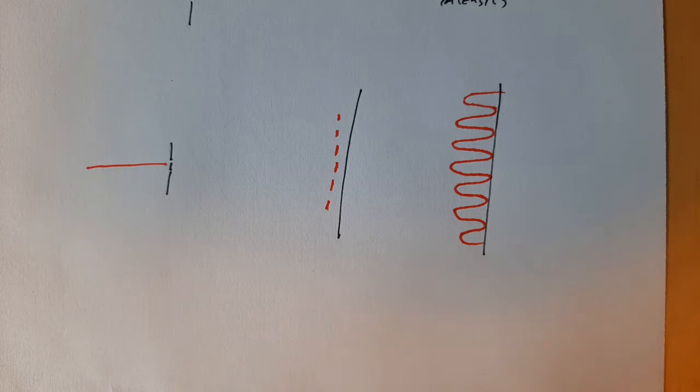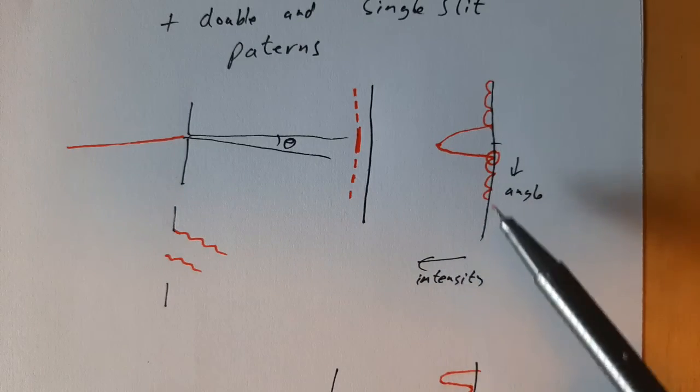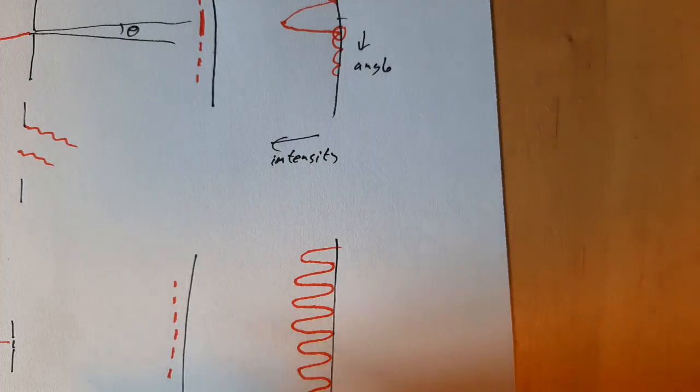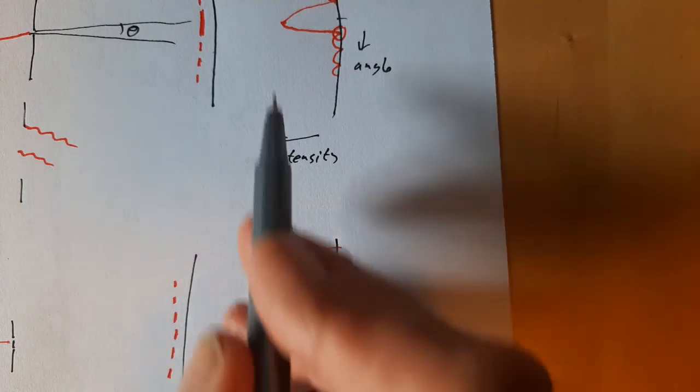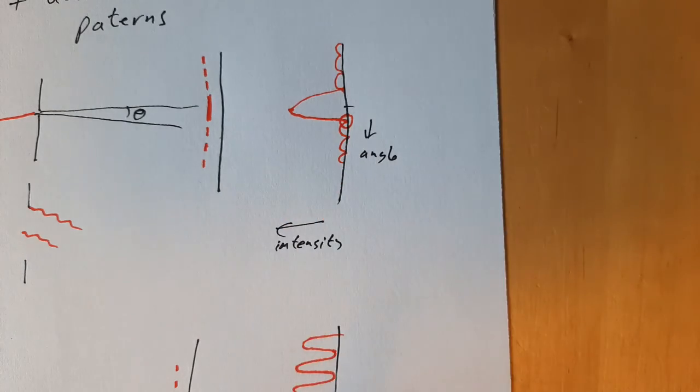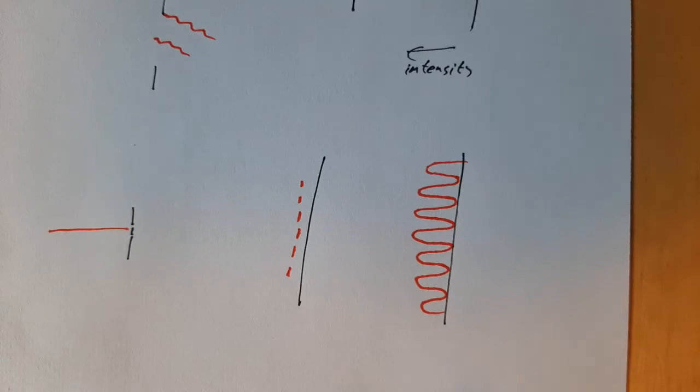In reality, actually what we get is somewhere between the two patterns, and you could see that in the photos I took last time, because of the way the light spreads out from the individual slits. We kind of get that pattern shoved inside that pattern. But these will do for the exam board, and I think for the moment we're just trying to get through what we need to know.